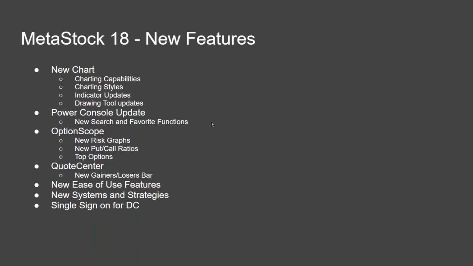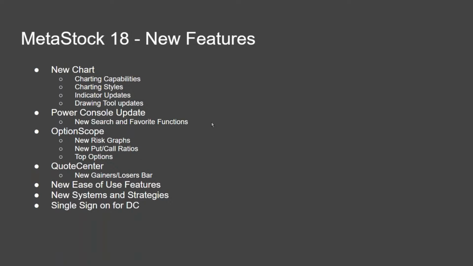Power Console has a new search function, so you can find things more easily: systems, scans, securities, whatever it is. We saw how easy it was to locate silver in the National Stock Exchange of India, which is very helpful.